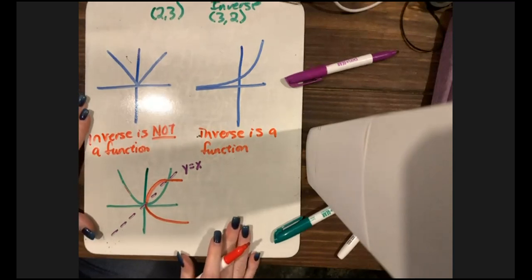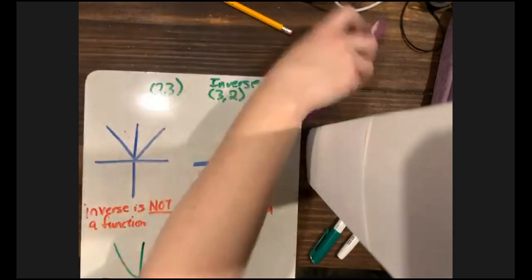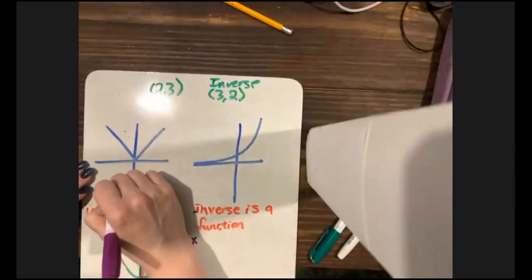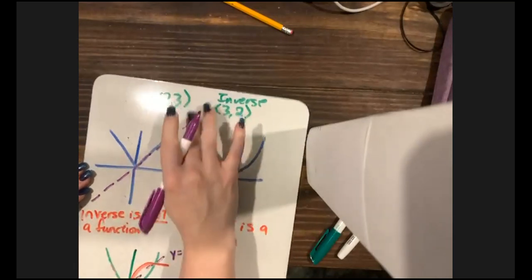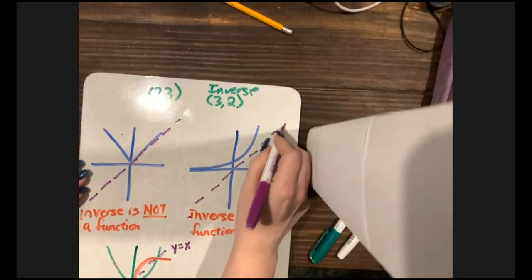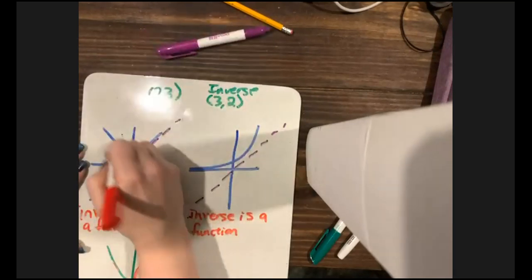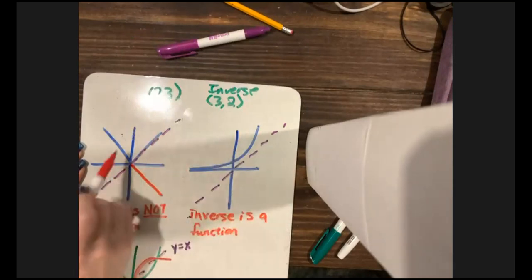So now if we go back up here to these, and I'm going to draw in that line. Guys, this piece is going to reflect this way. That's this piece.